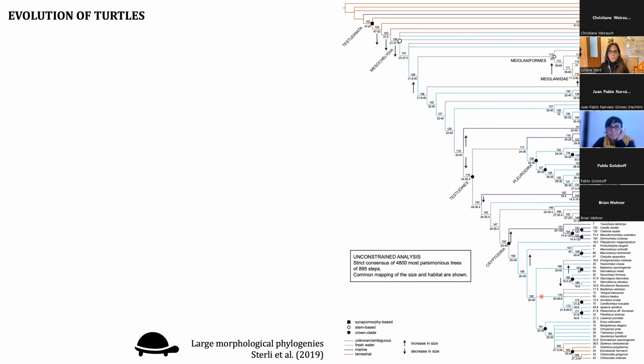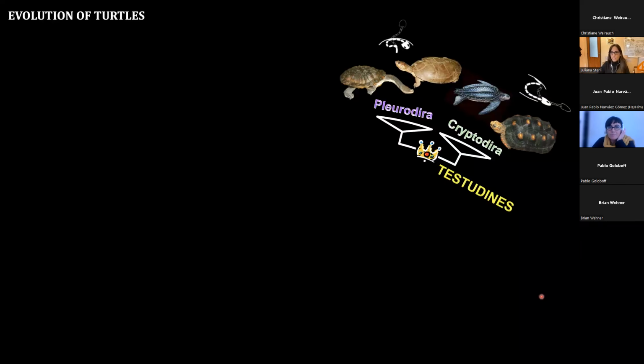I'm not going to start speaking about this phylogeny in detail. I'm just going to summarize it in this. So we have a crown group, turtles, that we call Testudines, that is formed by two main clades, the pleurodires, that are those turtles that retract their necks inside the shell in a horizontal plane.